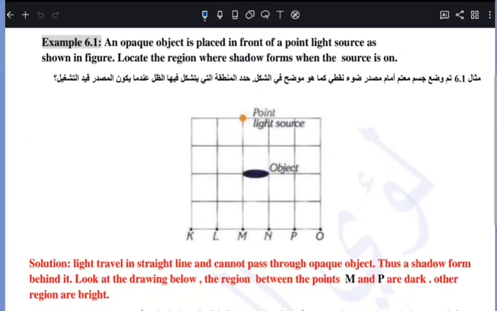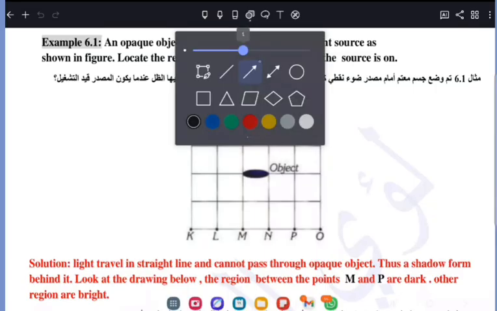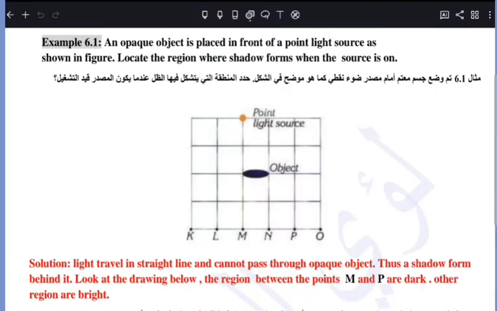What about this example? An opaque object is placed in front of a point light source, as the shadow of the figure. Locate the region where the shadow forms when the source is on. We can calculate this example by using a straight line from the point light source to the opaque object, and another straight line.